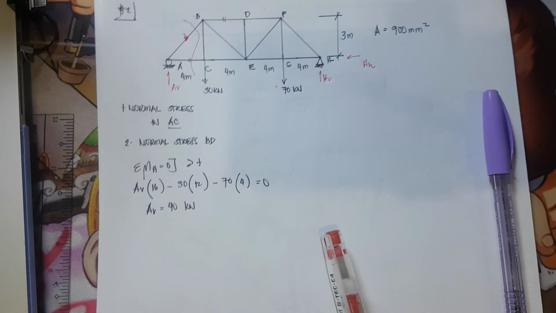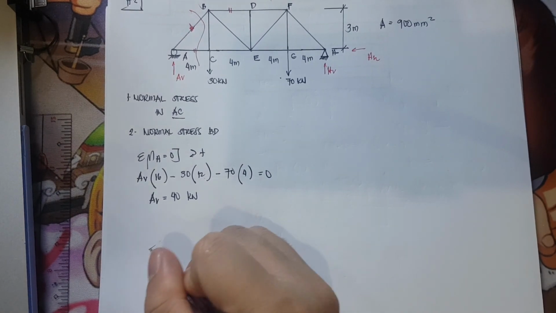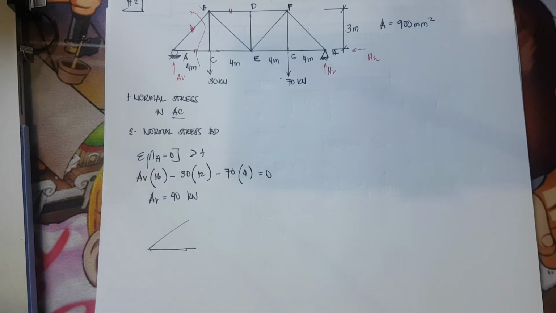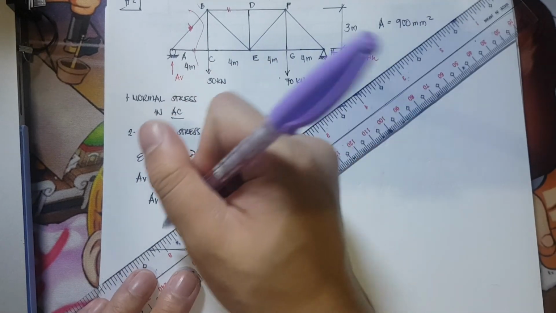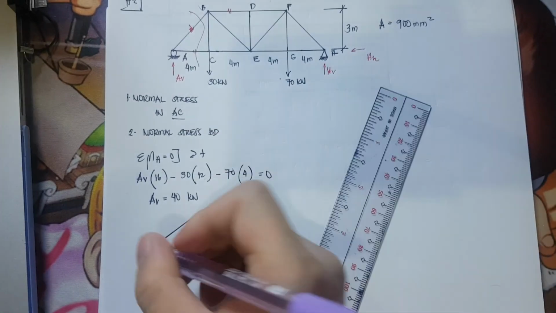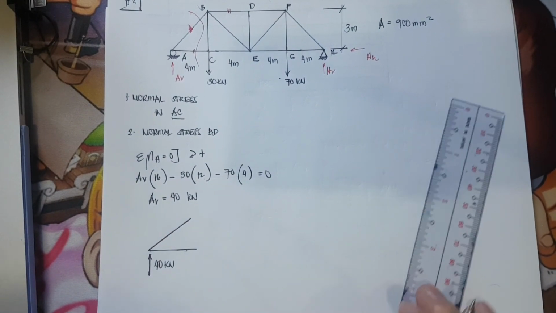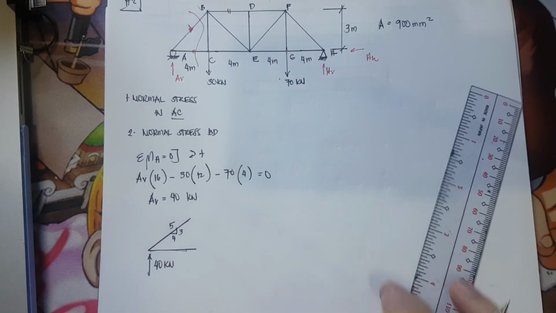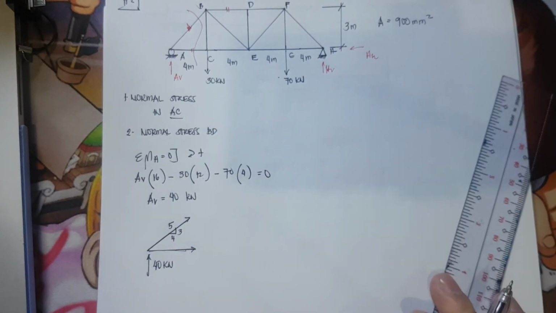If I redraw the free body diagram, it would look like this. This is 40 kilonewtons. This is 4, 3, therefore that is the square root of 5. So that is AB. This is also AC.